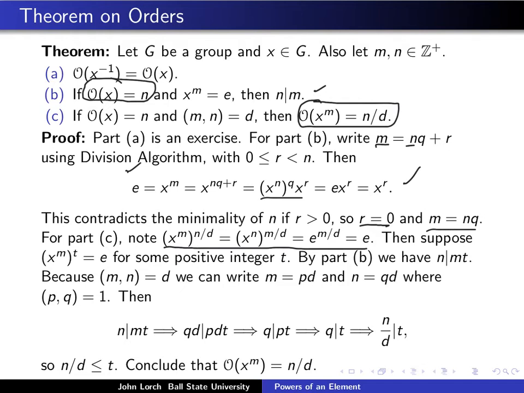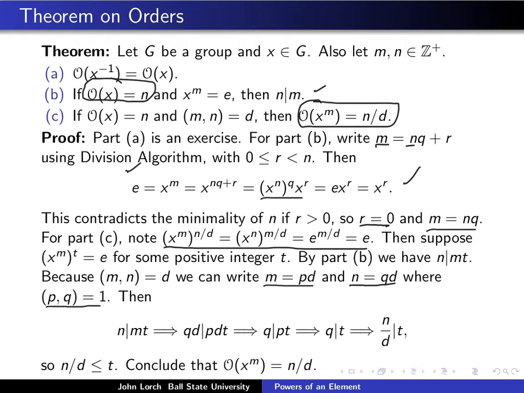And then because d is the greatest common divisor of m and n, we can write m as p times d and n as q times d, where p and q are relatively prime. So in that instance, if n divides m times t, we can translate that into q times d dividing p times d times t. If you cancel the d's, you get q divides p times t.